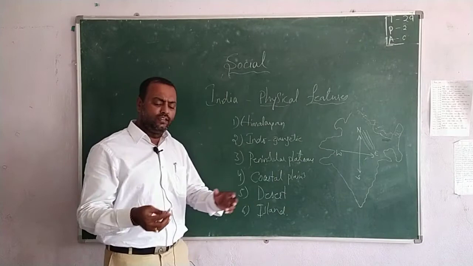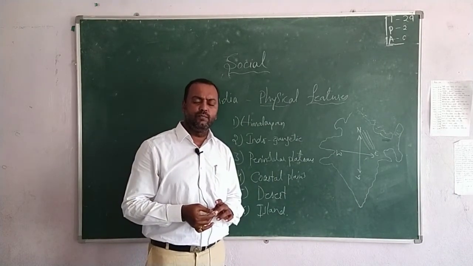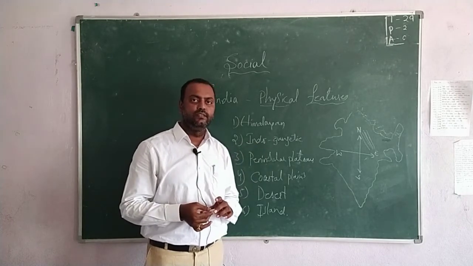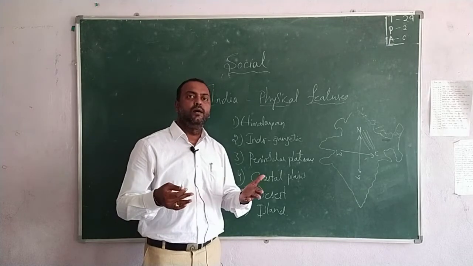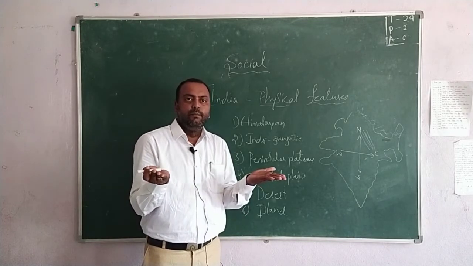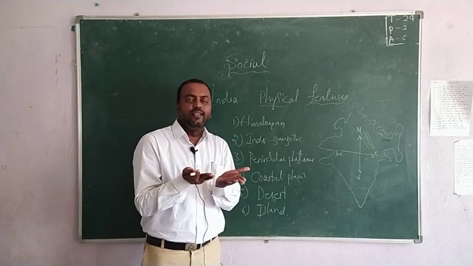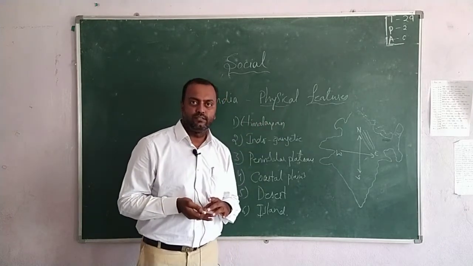So how did they form? Generally, how the mountains arise and form, we have seen in class 9th second unit. It is a geological activity due to the plate tectonics moving onto each side. The seabed has risen up and formed into Himalayas.